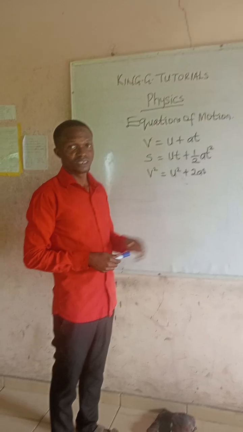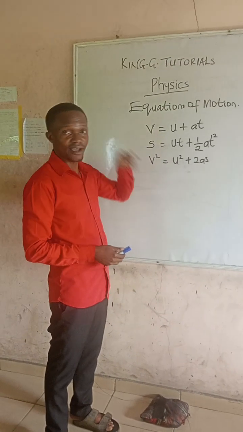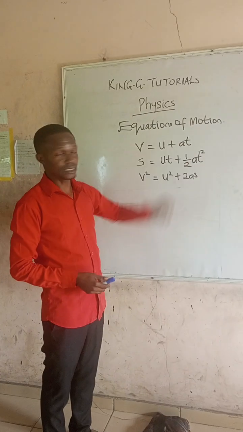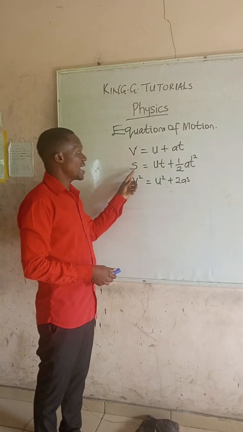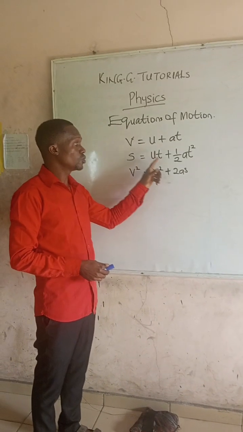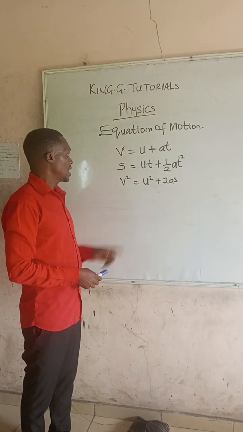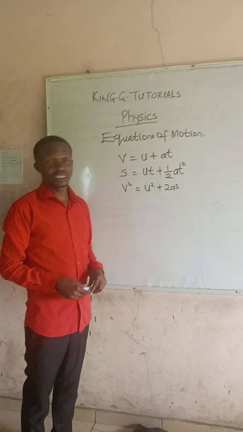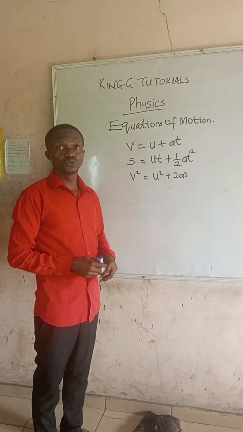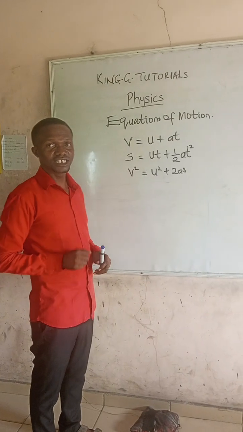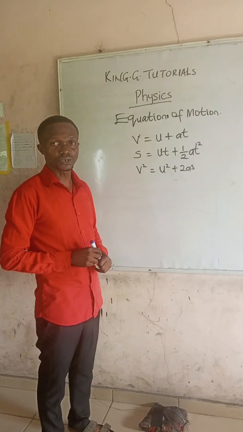Here are the equations: V equal to U plus AT, then S equal to UT plus 1 over 2 AT squared, and V squared equal to U squared plus 2AS. Let's see the proof of these equations.